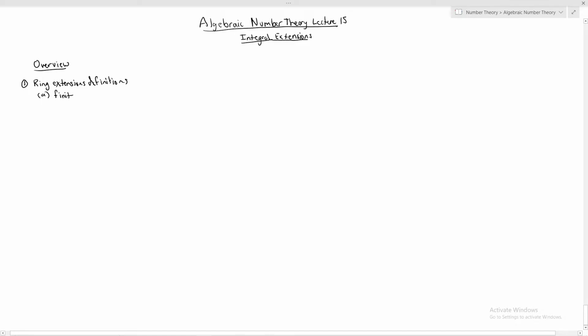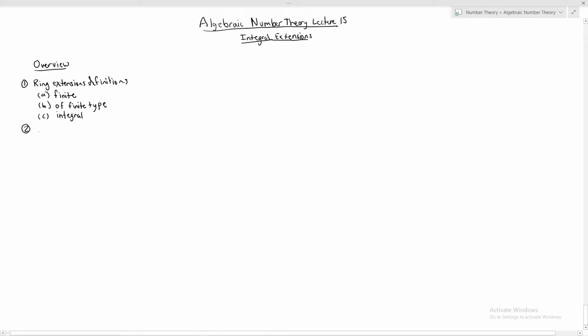There'll be the notion of an extension of rings being a finite extension of rings, an extension of rings being of finite type. So this is kind of bad terminology, but it's standard nonetheless. Finite and of finite type are two completely different, related but different notions. And C, an extension of rings being integral. Okay. So this is going to be the first section, just some definitions.